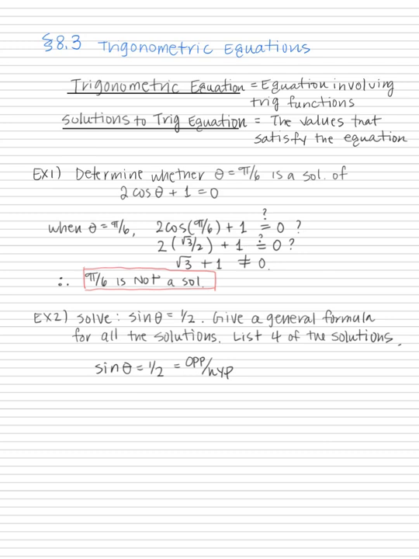So step number 1, notice that the sign is positive. Sine of theta is positive in which quadrant? So let's just draw it out. You've got All Students Take Calculus. So sine is positive in quadrant 1 and quadrant 2.